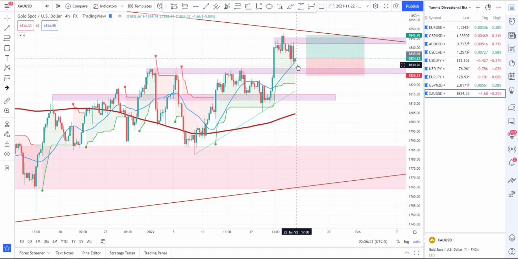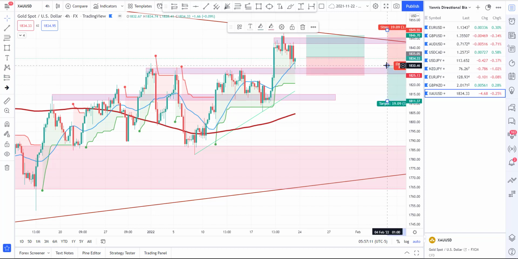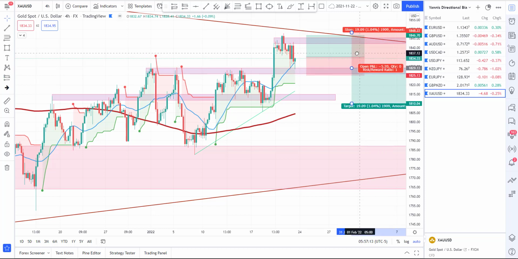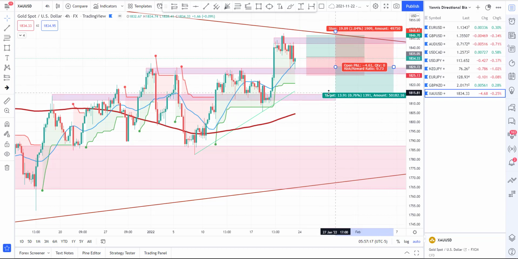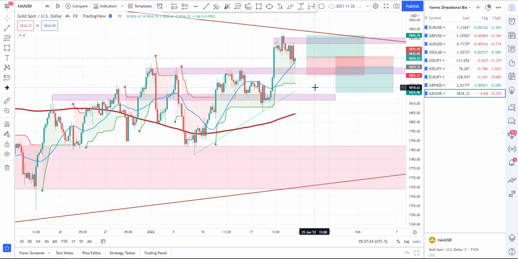Now, if I do have a close below the 20 moving average, then obviously my long would be invalid, and I would potentially be looking for a short trade with an entry somewhere here. That would be my target, and that would be my stop loss for the short.